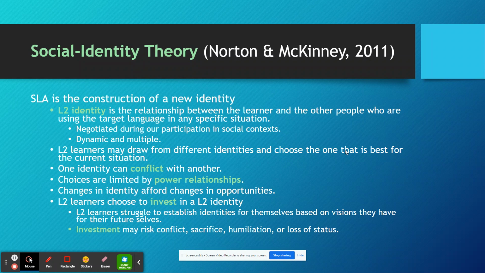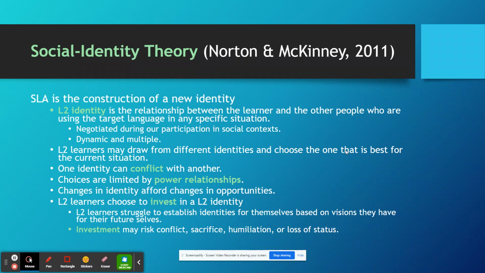L2 learners may draw from different identities and choose the one that is best for the current situation. Kind of like putting on a mask. But one identity can sometimes conflict with another, and sometimes our choices are limited by power relationships. Moreover, changes in identity afford changes in opportunity.